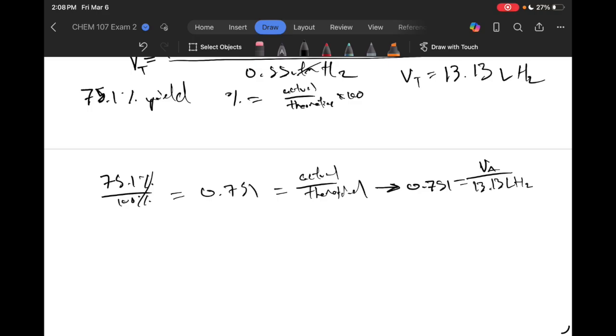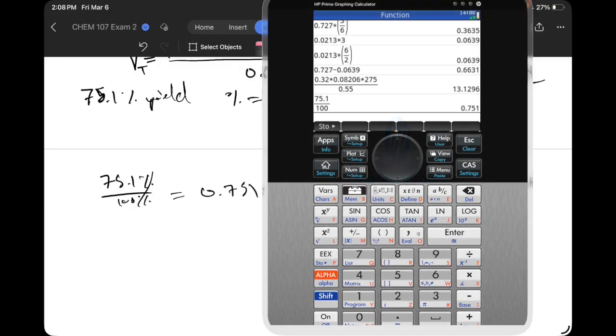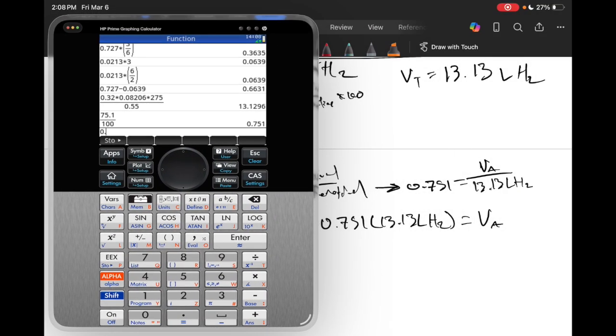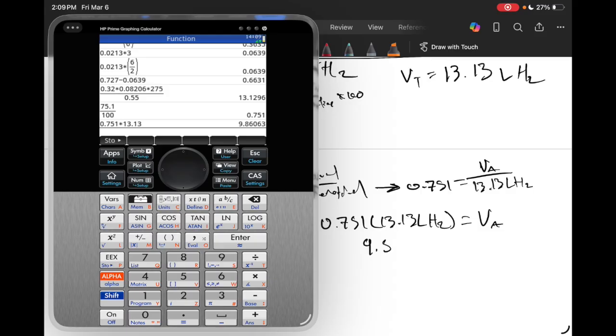Now to isolate the variable, 0.751 times 13.13 liters of H2 is equal to our actual volume, V actual. So 0.751 times 13.13 is equal to 9.86 liters of H2.